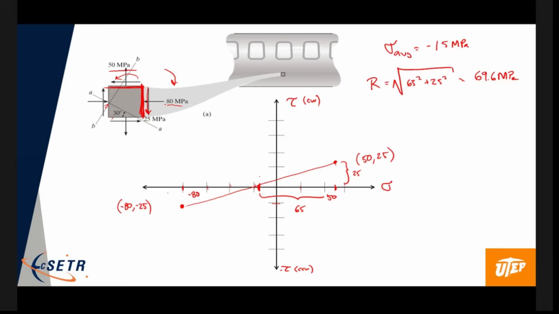Okay, so that's the radius. That means the top of the circle is going to go up the radius, so that's 20, 40, 60. So it's about here is the top of the circle. 20, 40, 60, there's the bottom of the circle.